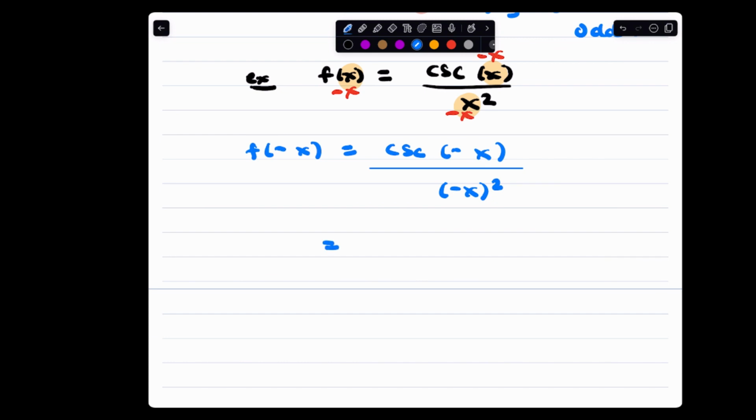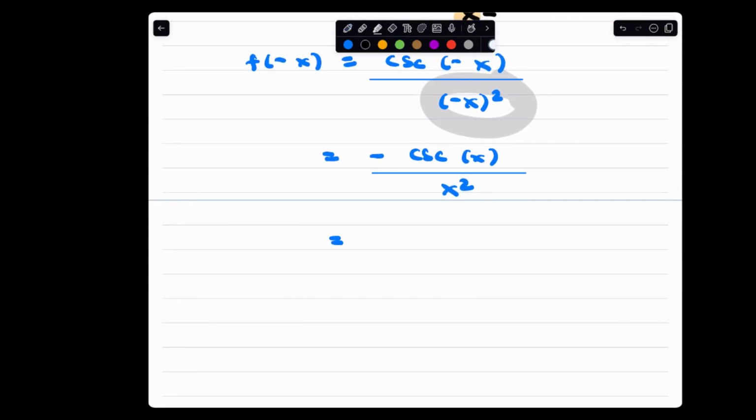Okay, now cosecant is a reciprocal of what? Sine. What do you guys know about sine? Is sine even or odd? Odd. So you're going to put minus cosecant here. And then what about the algebra down here? Minus x squared. What does that give you? X squared.